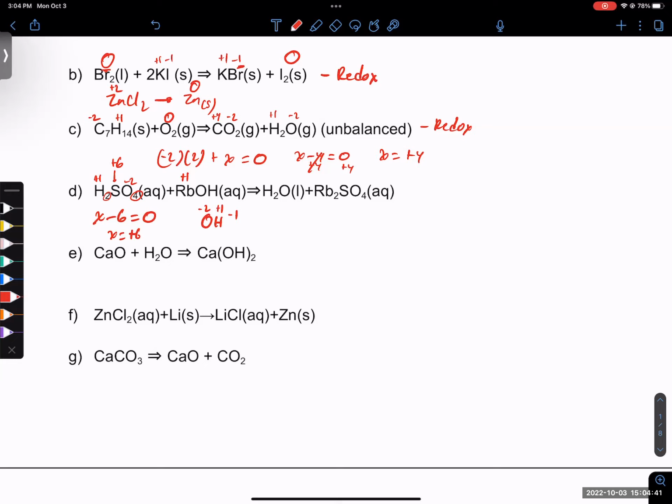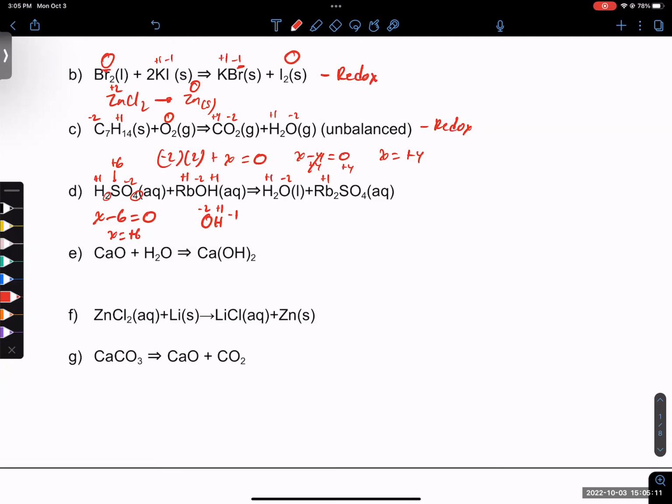So -2 +1 makes your -1. So -2 here, +1 here. All right, so what about oxygen in water? What's that oxidation number? Yeah, -2, because again, it follows your same rules. So oxygen's -2, then your hydrogen is +1. All right, moment of truth, rubidium. What's the oxidation number on that? Yes, it's still the same, +1.